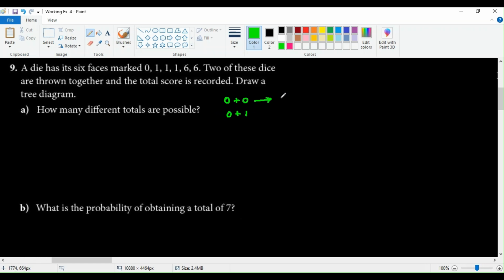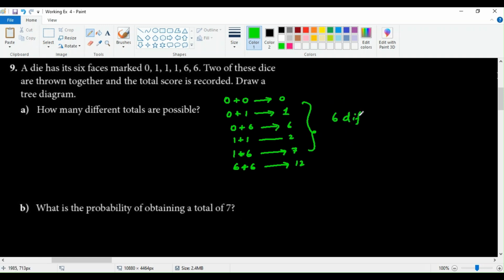The total outcome sum is going to be 0, then 1, and 0 plus 6 is going to give us a 6, and 1 plus 1 is going to give us a 2, and then comes 1 and 6, which gives us a 7, and 6 plus 6 is going to give us a 12. So there are six different totals.